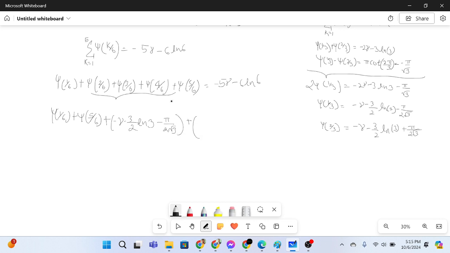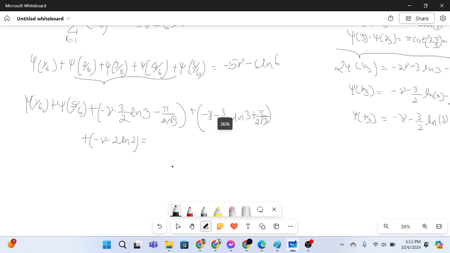And digamma of 4 by 6, that is 2 by 3, is negative Euler-Mascheroni constant, negative 3 by 2 ln 3, and then plus pi by 2 root 3, right? And digamma of 3 by 6 is digamma 1 by 2, which is negative Euler-Mascheroni constant minus 2 ln 2, right?